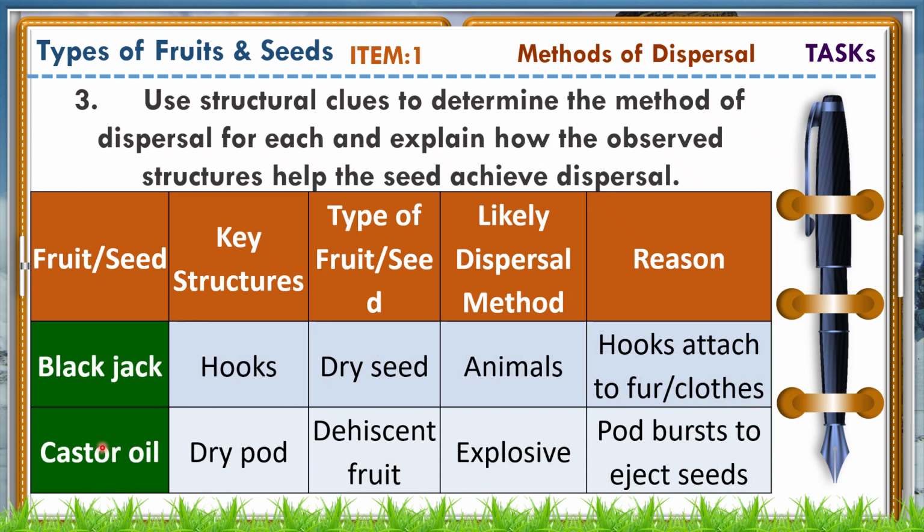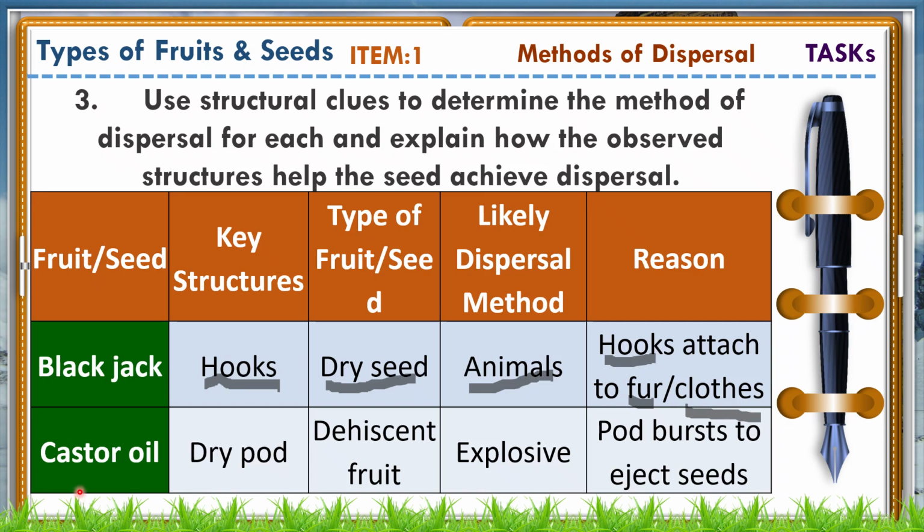Then we have the blackjack seed and fruit. This one has the key structure of hooks. The type of fruit is a dry seed, and it is dispersed by animals, whereby the hooks attach to the fur and clothes.